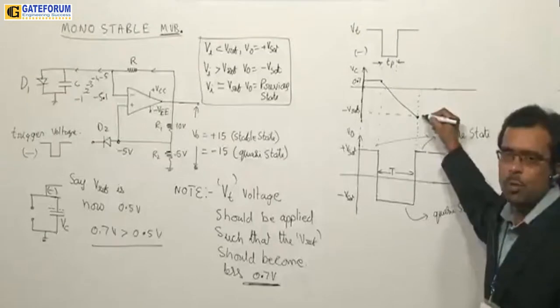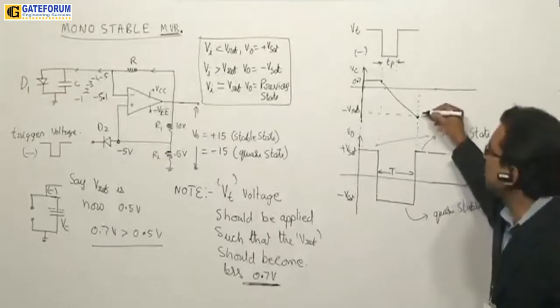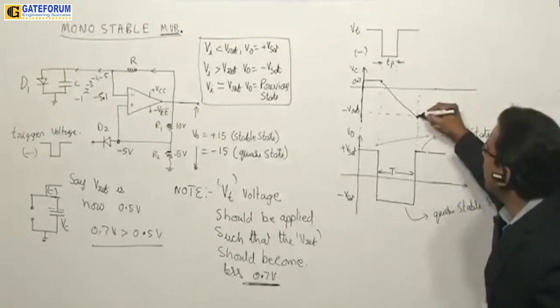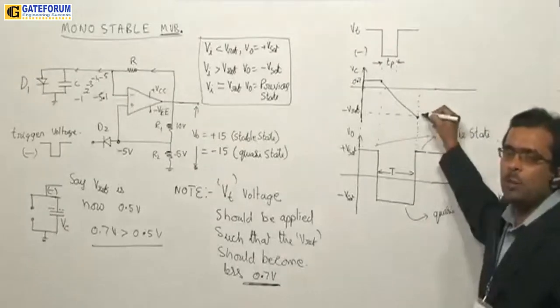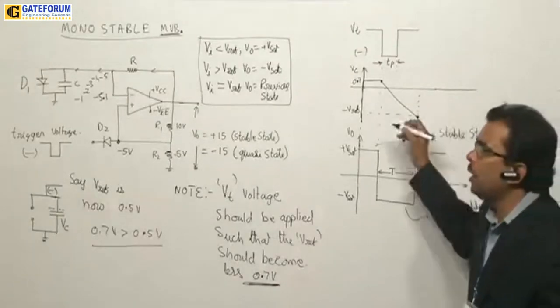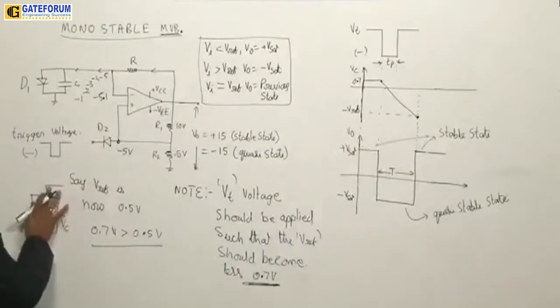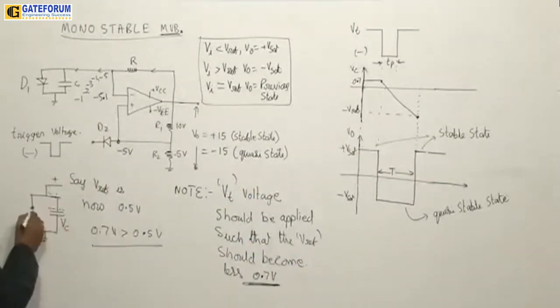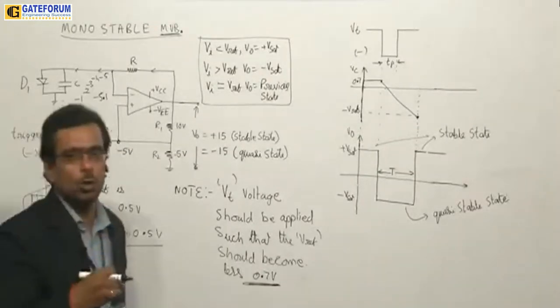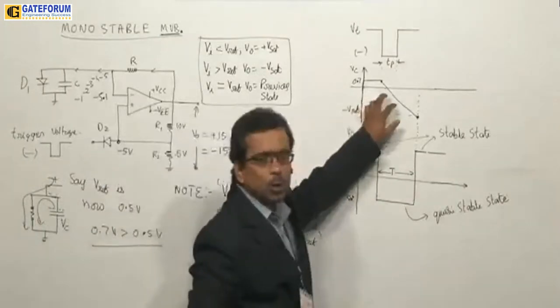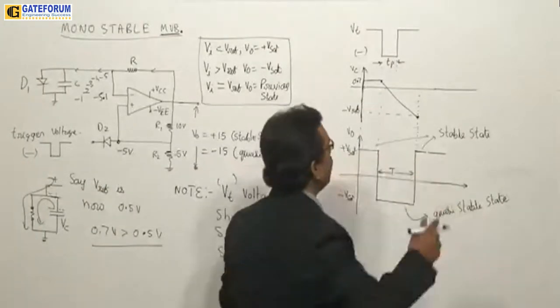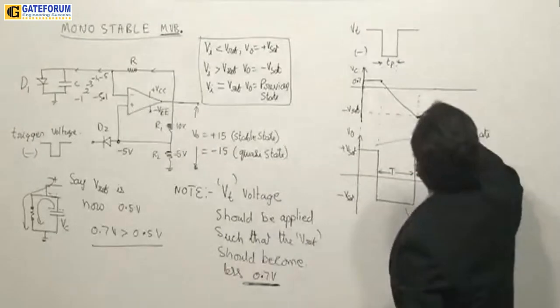Once the job is done, because of the connection system which you have made, the capacitor starts discharging quickly. It doesn't take much time, because the discharging path for the capacitor is placed like this. Once again, when the capacitor gets positive voltage, the diode is on. Now you get current from this point, and you also get current from this capacitor, which it has stored. Whatever negative charge it has stored, it has to discharge through that path.